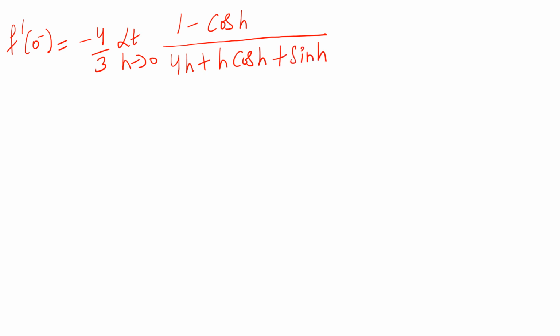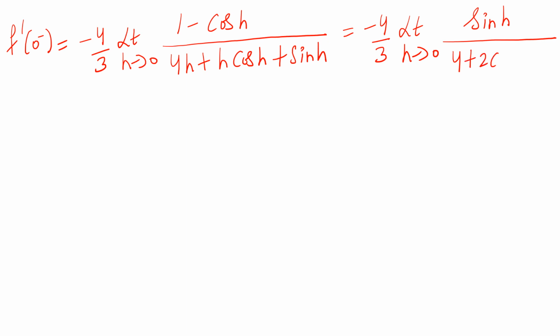Now again this limit is of the form 0 by 0. So we will apply L'Hospital's rule again. It becomes minus 4 upon 3 into limit h tending to 0, sin h whole divided upon 4 plus cos h plus cos h, which becomes 2 cos h minus h sin h.